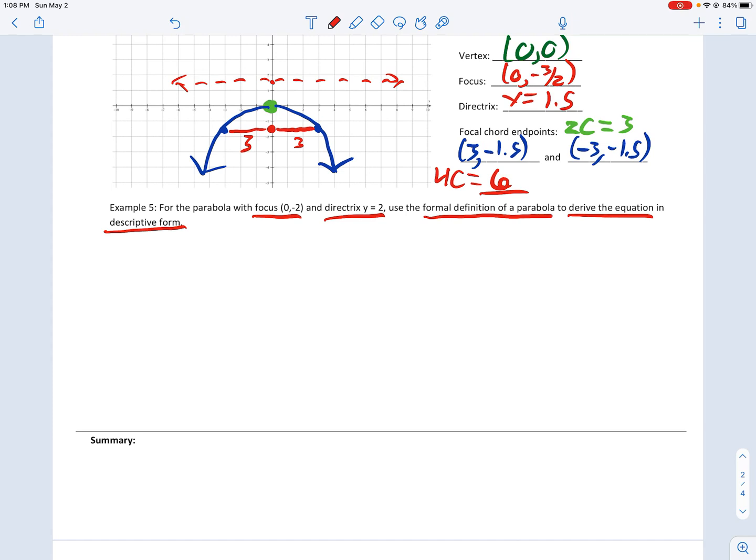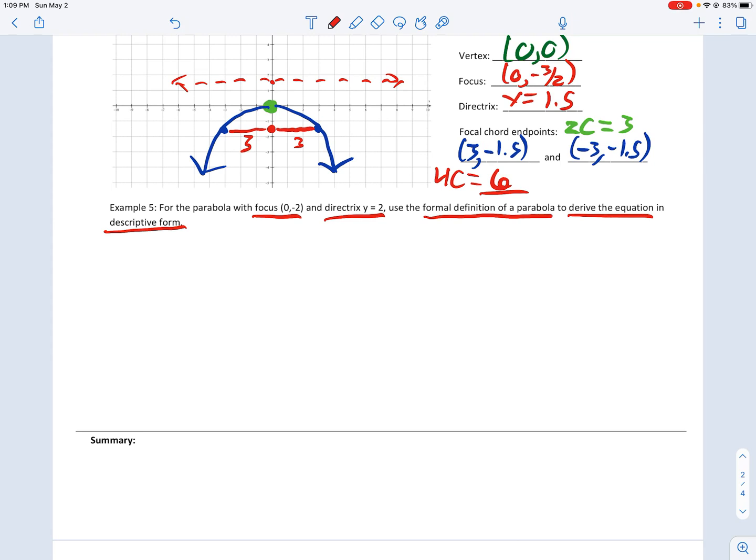So we're going to show that for any point on the curve, the distance to the focus and the distance to the directrix are the same.